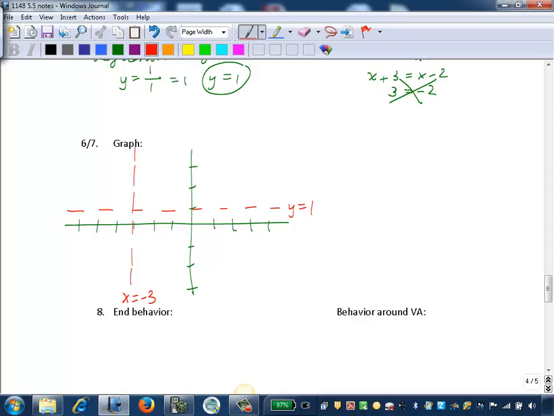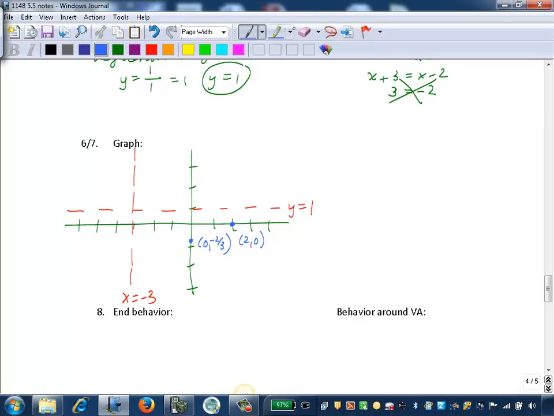We have our intercepts, so we have a y-intercept at -2/3. We'll approximate that here. So here's 0, -2/3. And then we have an x-intercept at 2. So here's 2, 0. Oh, and we forgot our hole.